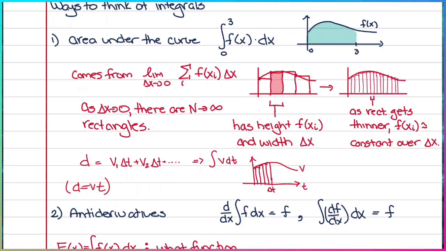So if I go back to this idea of rectangles, if I imagine breaking up my delta t's into a bunch of very, very tiny values, so that even if my velocity is changing, I can make these delta t's so small that over this small interval, I'm going at a constant speed. And then over this next small interval, maybe I'm going at a slightly different, but still constant speed. And so each of these individually are completely accurate, because this is a completely accurate formula if v is a constant.